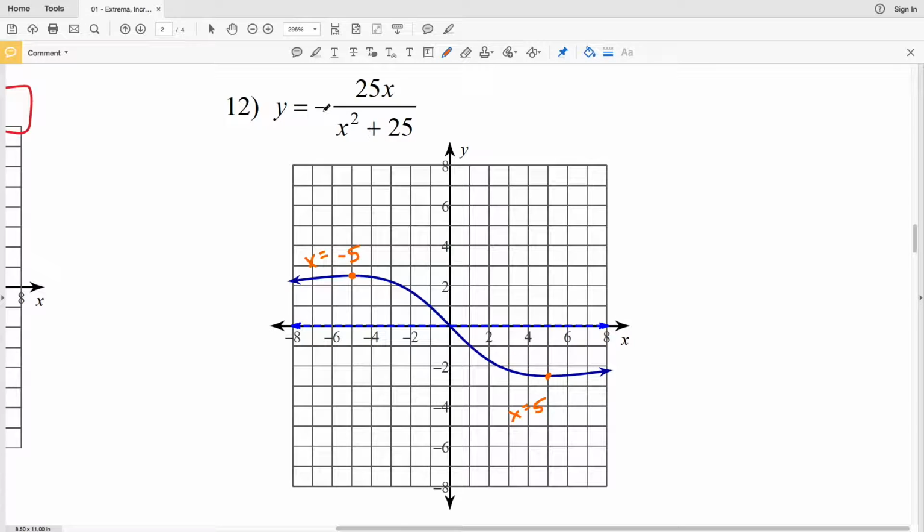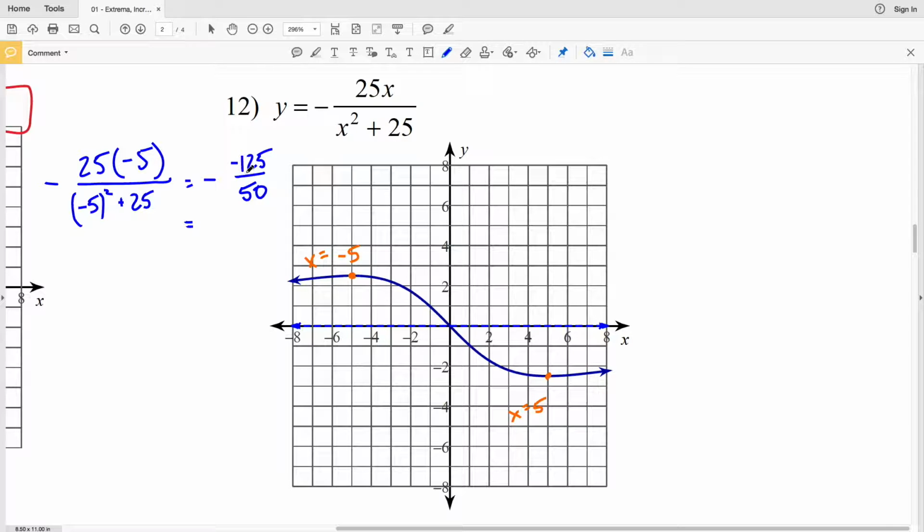However, in order to solve for the y value, let's plug each of those in. So I'm going to start by plugging in -5 for x. Our function is the opposite of 25 times x, so 25 times -5, over x squared, so that's going to be -5 squared plus 25. 25 times -5 is -125, so we have the opposite of -125 over -5 squared is 25, and 25 plus 25 is 50.